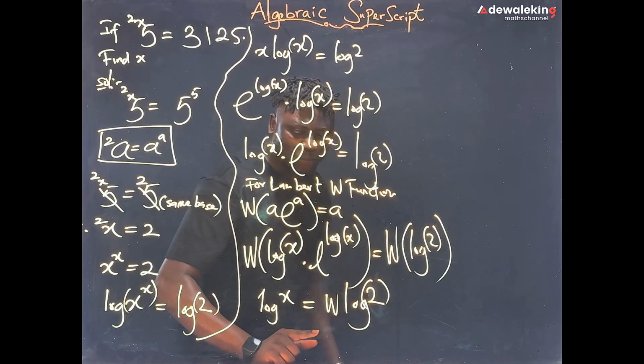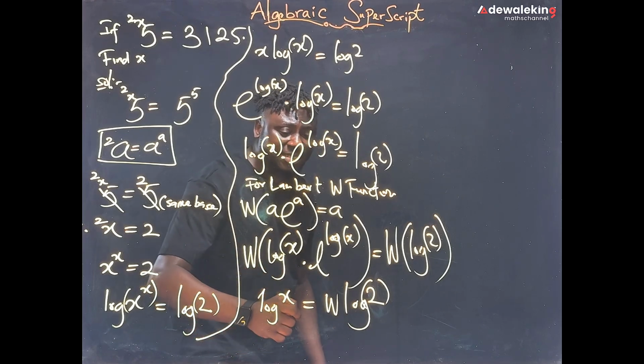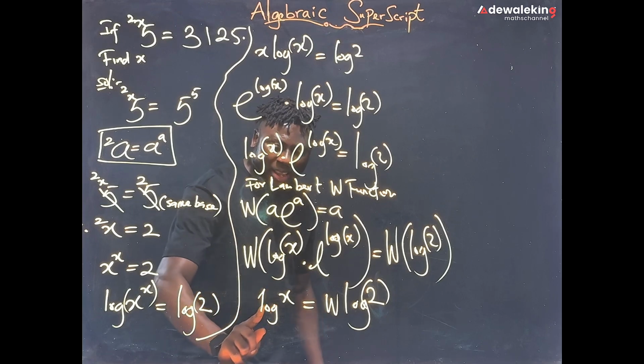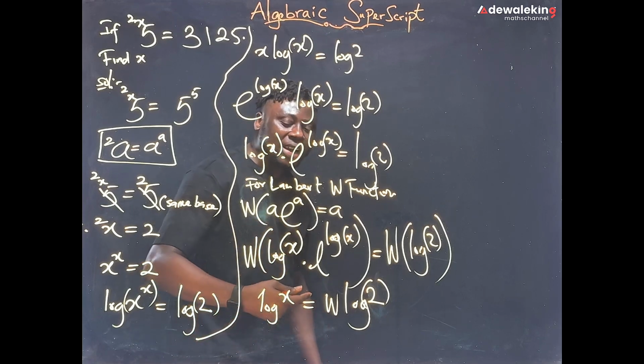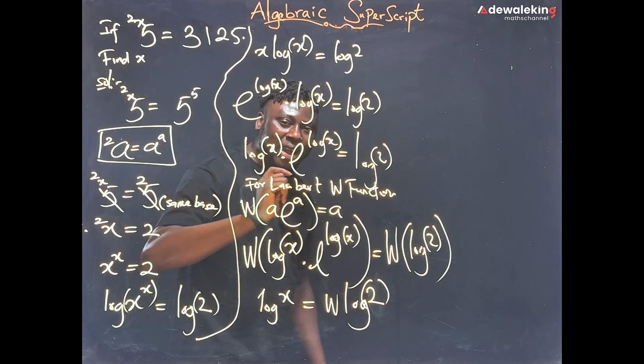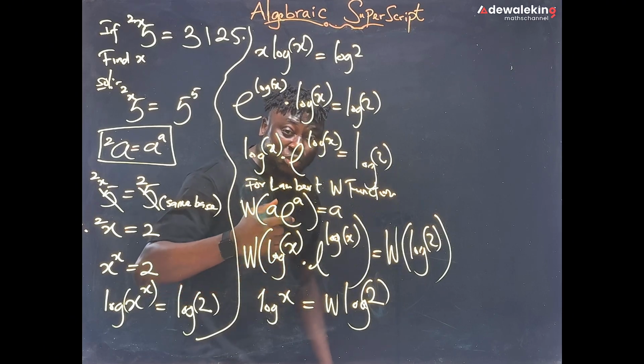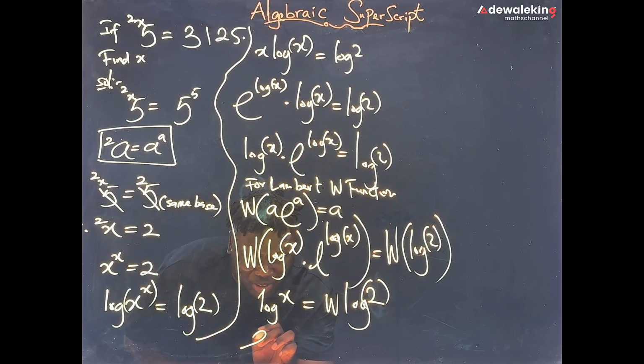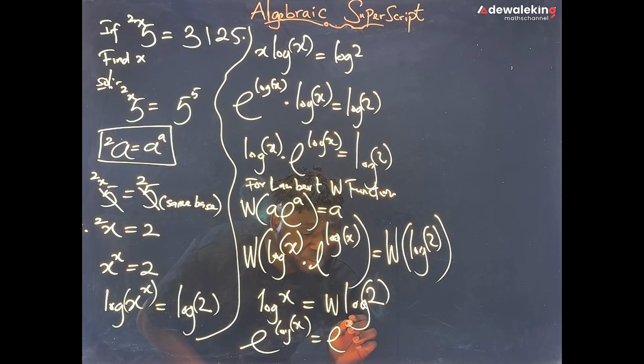So from here, we can see that we are approaching the solution gradually. This log x is not what we want to find. We have to find the value for x by introducing exponential to both sides. So this will be exponential log x, which is equal to exponential W log 2.